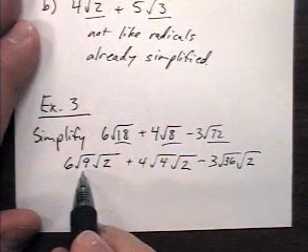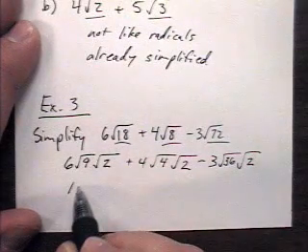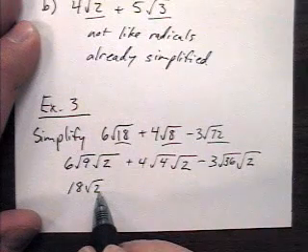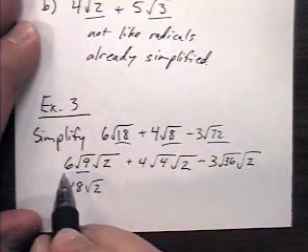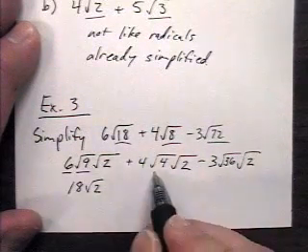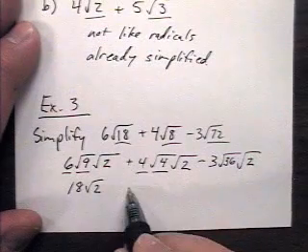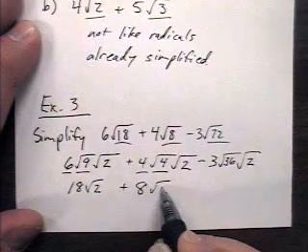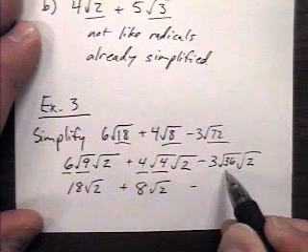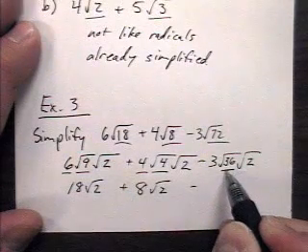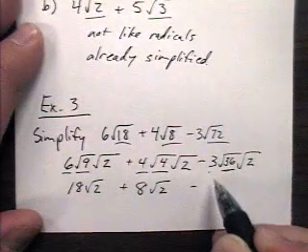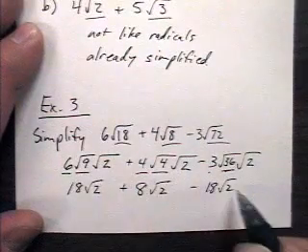Now, we know the square root of 9 is 3 times 6 makes 18 square root 2. That'd be square root of 9 times 6. Square root of 4 is 2 times 4 is 8 square root 2. And lastly, square root of 36 is 6 times 3 is 18 square root 2.